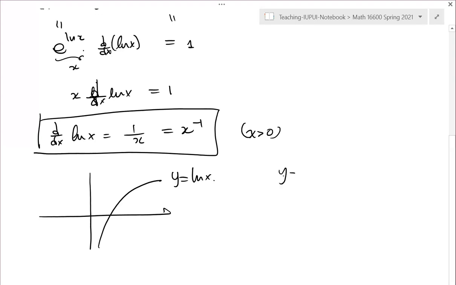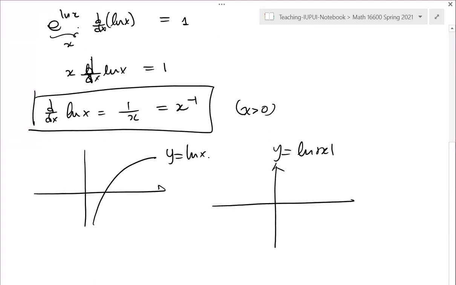Now, how to draw the graph y equals natural log of absolute value of x? Clearly, this is defined for x not equal to 0. When x is positive, then this is just equal to natural log of x.